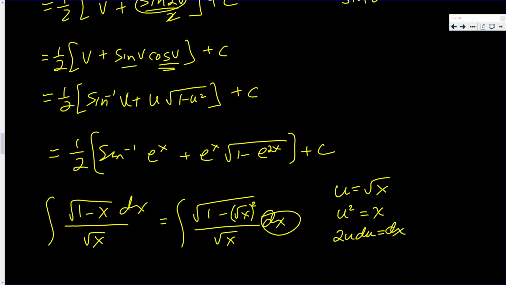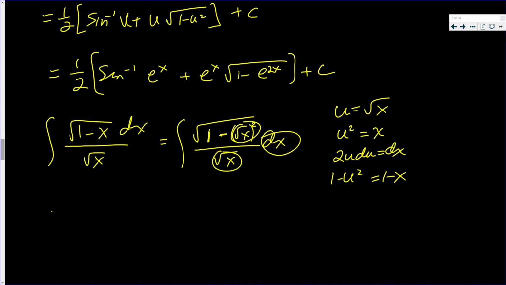Okay, I have dx, I have the square root of x, and 1 minus x. If u squared is equal to x, then 1 minus u squared is 1 minus x. So let us substitute this in.